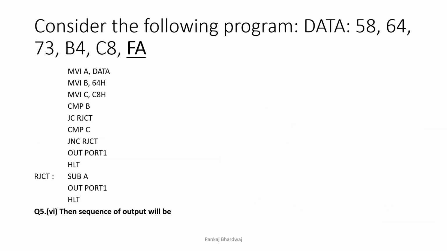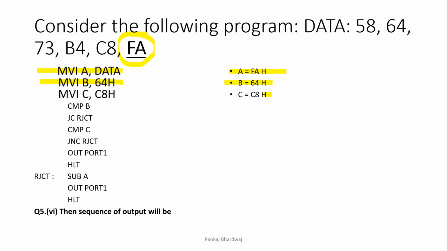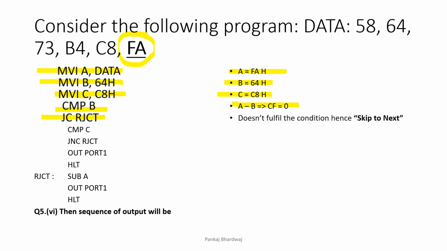Next is FA. When the data is FA, that means it is immediately moved into the accumulator, that means A will become FA, B 64 and C C8. Compare with B, that means CF is equal to 0. Previously we have seen in the earlier examples, JC reject does not fulfill, so it comes to the next instruction.